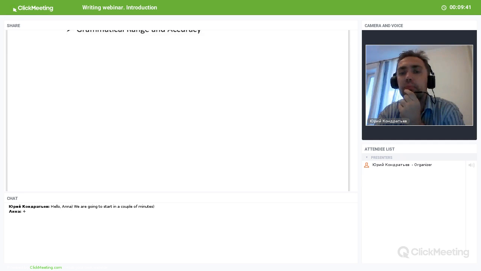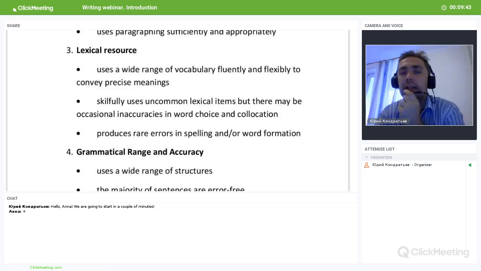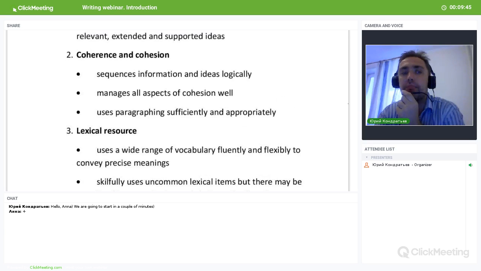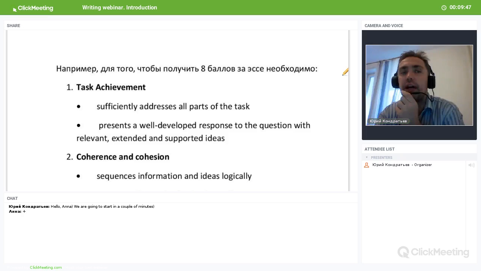Okay, so let's have a look at each of them, and let's imagine that you're targeting band 8. For example, you need 8 in IELTS writing. So what do you need to do to get band 8? For task achievement, to score 8, a candidate sufficiently addresses all parts of the task.